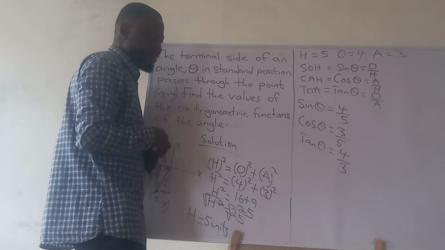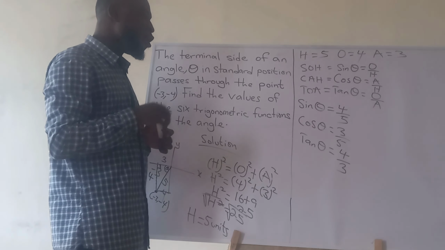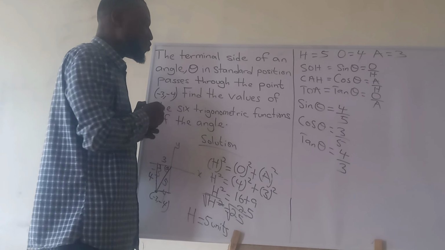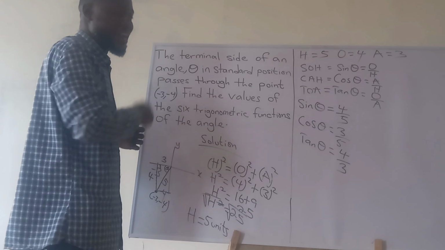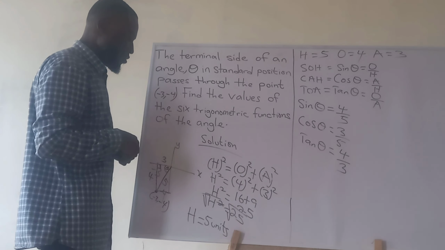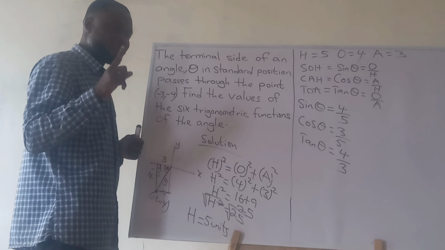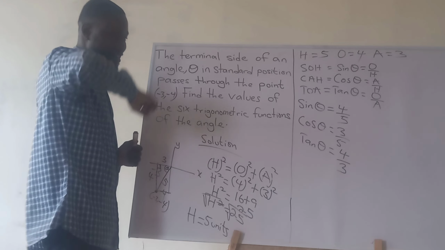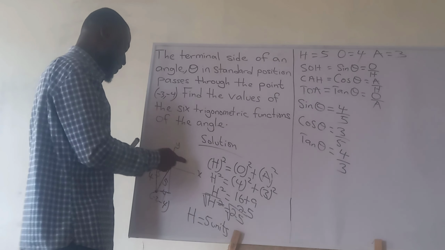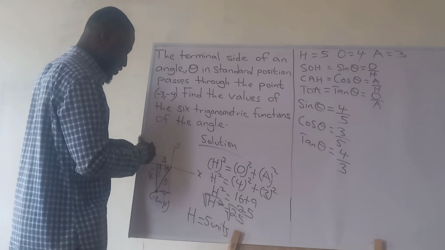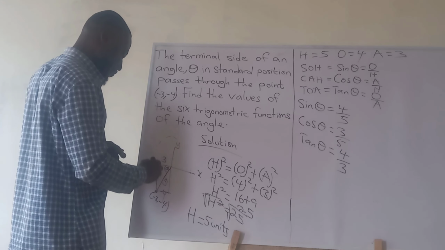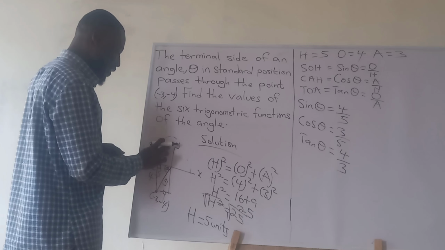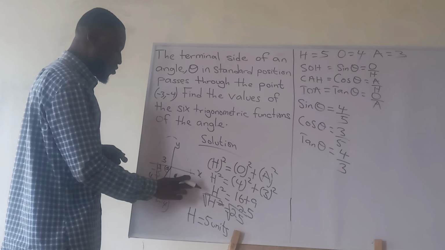After doing this, you go on to check where the point which is given falls in the Cartesian plane, which quadrant. Remember that in trigonometry we measure in the anti-clockwise direction, not clockwise. So this is your first quadrant, your second quadrant, your third quadrant, and your fourth quadrant.